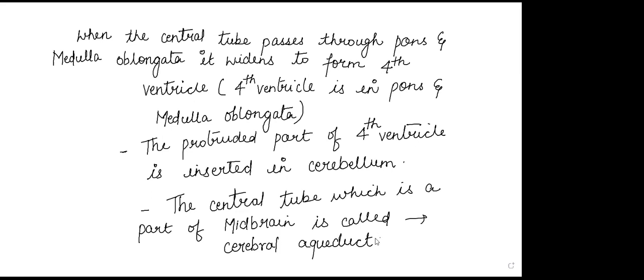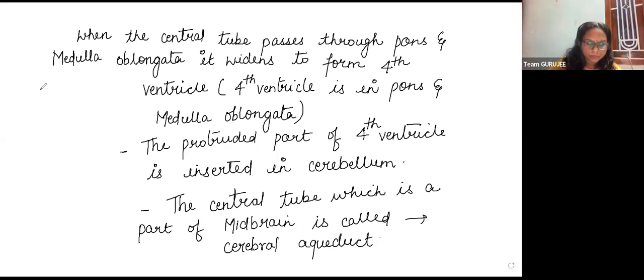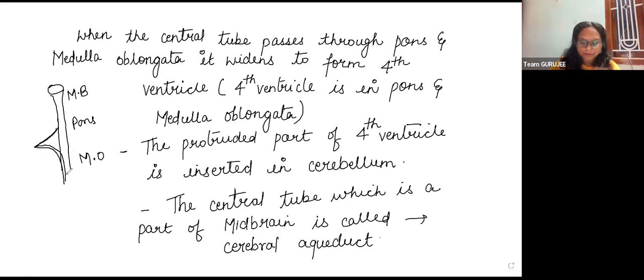Ma'am, can you explain the third point again? See what I said: the central tube is actually starting from the midbrain. I'm just writing MB, midbrain, then it is coming to the pons and then it is going to the medulla oblongata, right? When it is coming to the pons, it is protruded like this.